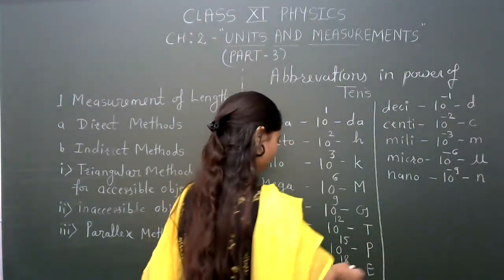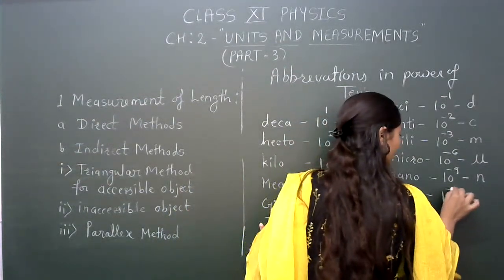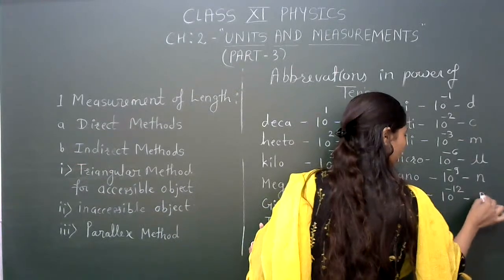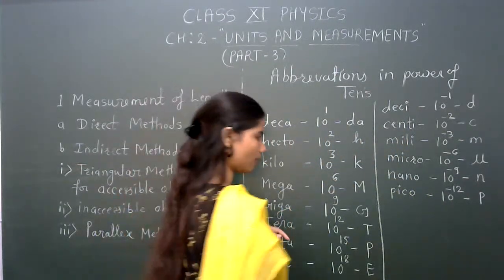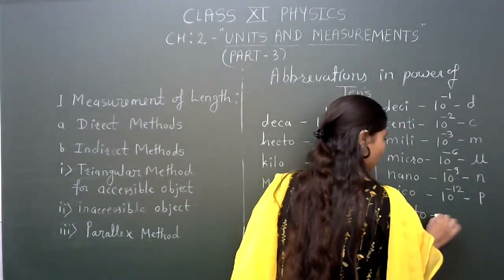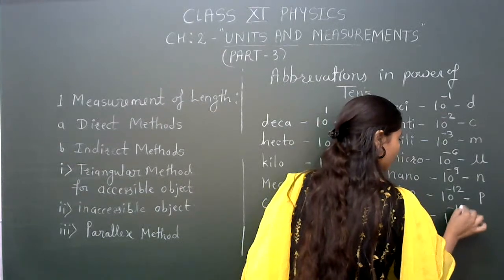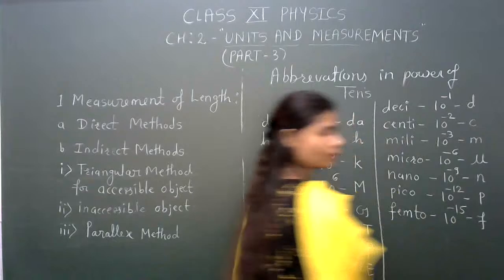Next, pico, 10 to the power minus 12, denoted by small p. Next, femto, 10 to the power minus 15, small f.